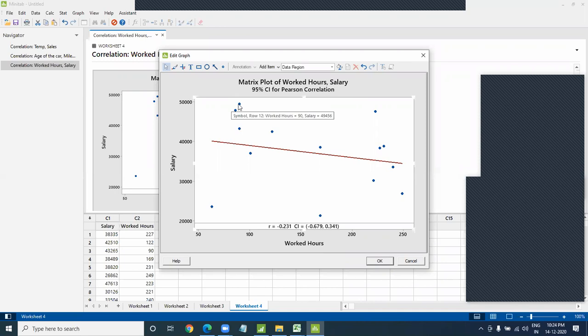You increase the hours, it increased, but around the same 90 hours, somebody is making 43,000. And somebody working 101 hours is making less. Somebody working about 169 hours is making less money. So it doesn't seem to have a relationship at the same level.